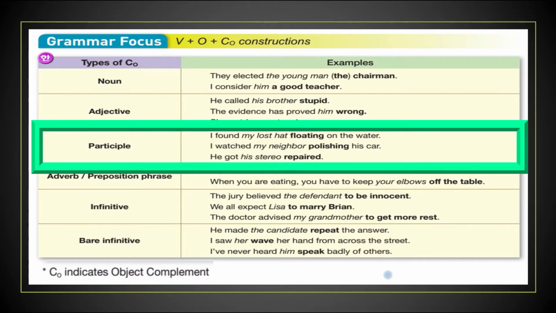So this grammar is called participle. As you see in the first example, the main subject is I, main verb is found. So I found my lost hat. And my lost hat, when I found it, was floating on the water. So then it's getting too long.